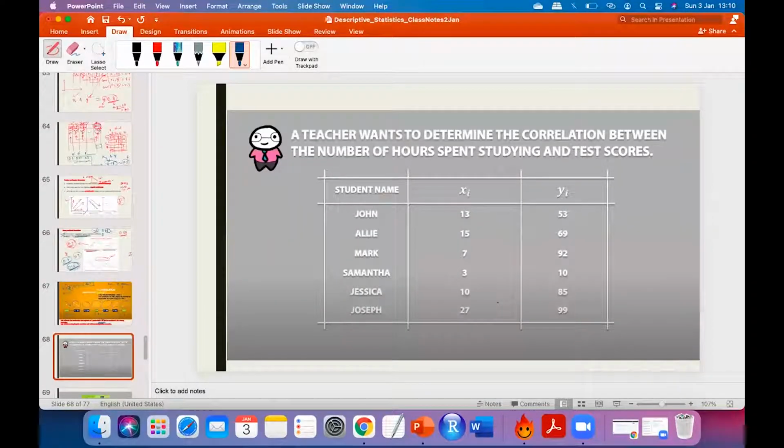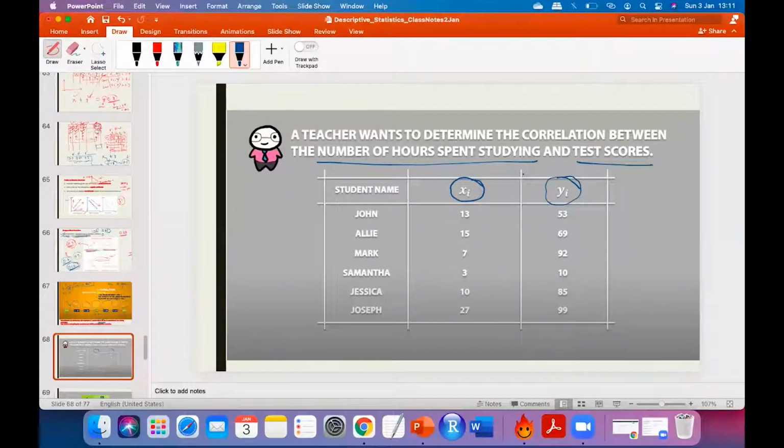Now let's say a teacher wants to determine the correlation between the number of hours spent studying and test score. So this is the number of hours spent studying and this is the test score. I want to find out the correlation.